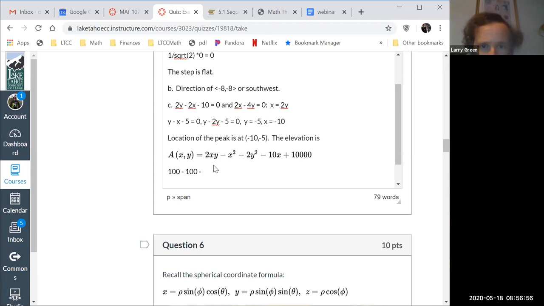Y squared is 25, so that's minus 50. And then minus 10x, so that becomes a plus 10 times 10 is 100, plus 10,000, and that's 10,050.